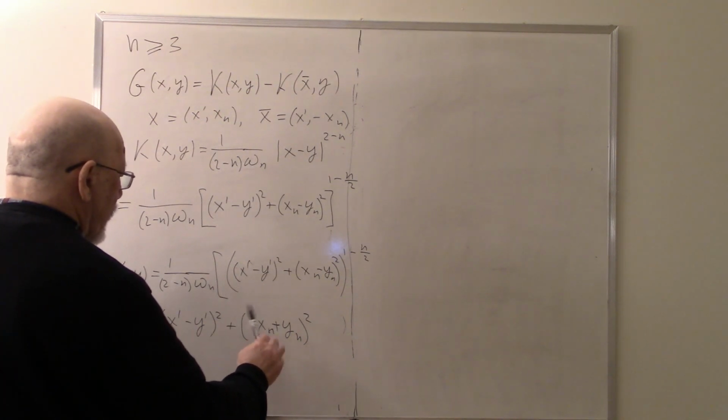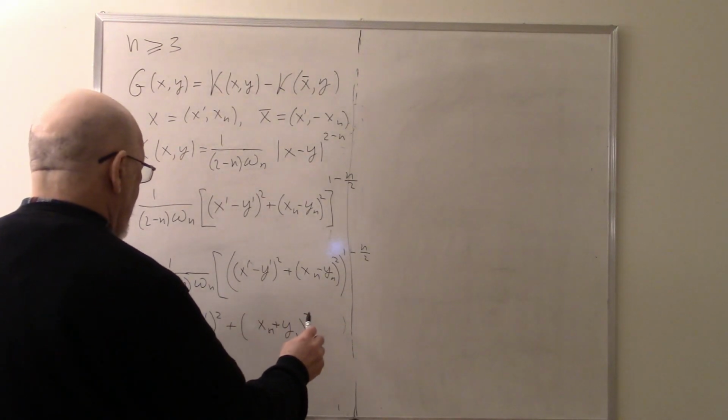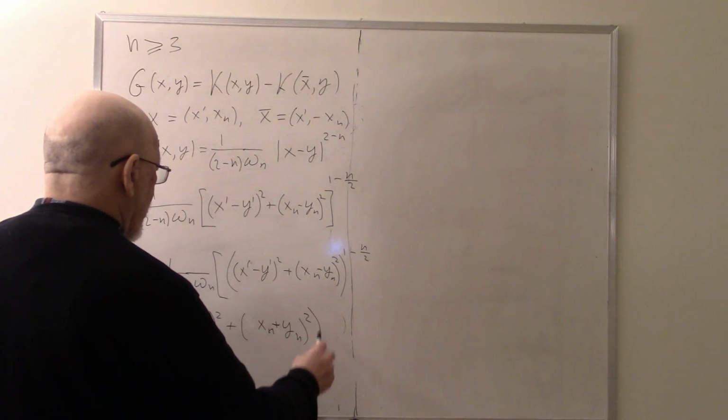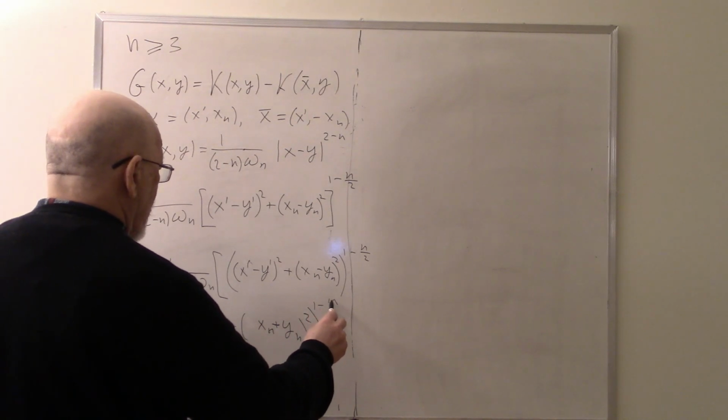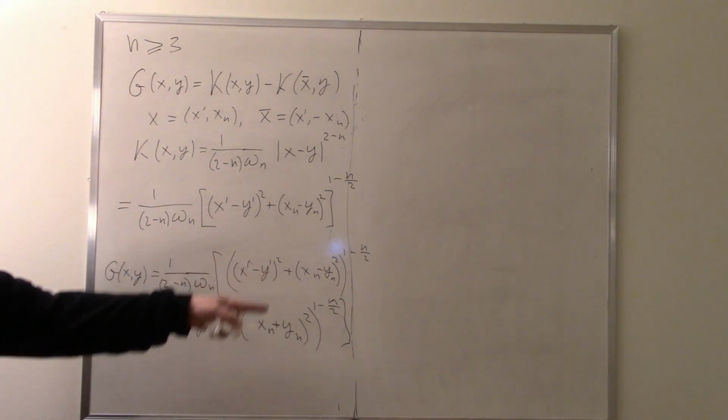It does not change anything if you change sign under the square, to the power 1 minus n over 2.